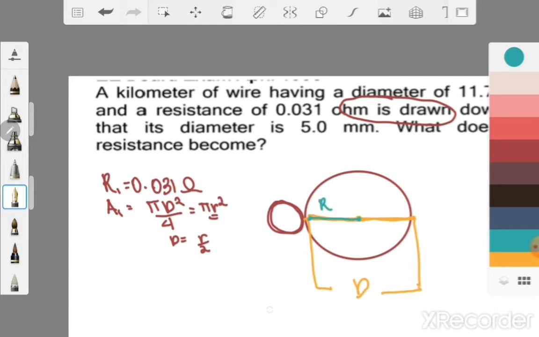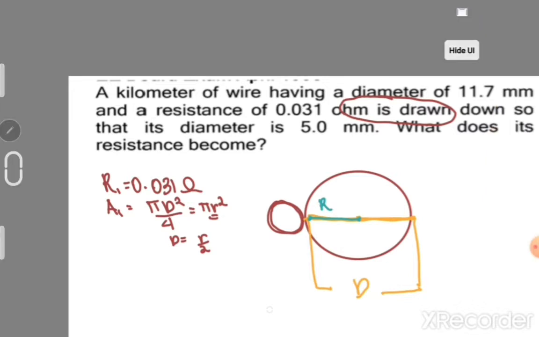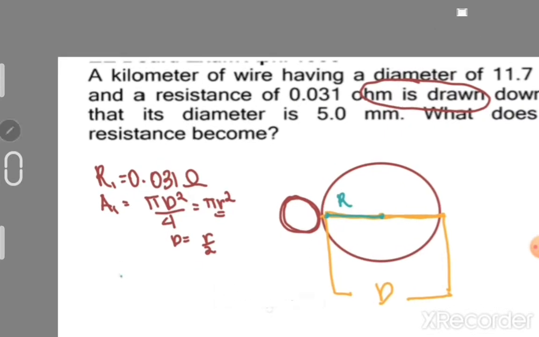Right? In this case, your diameter is given, which is equal to 11.7 millimeter. That is our D1. So take note that our D1 is equal to 11.7 millimeter.